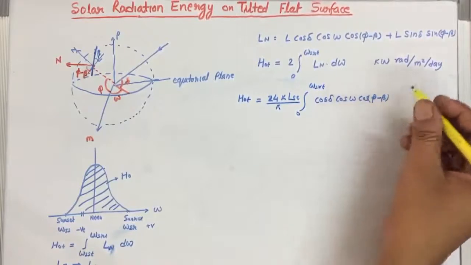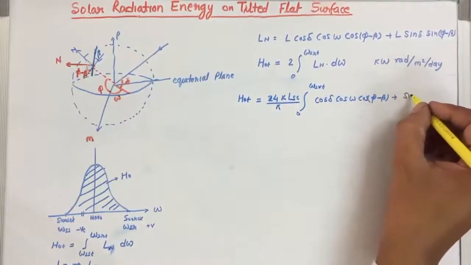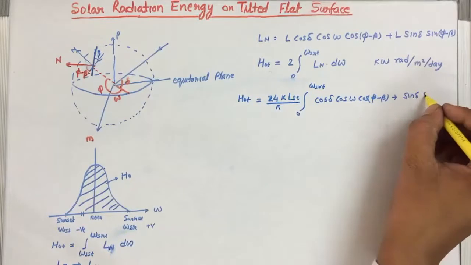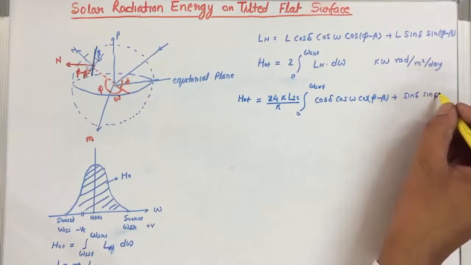The tilting is reflected here, plus sin delta and sin of phi minus beta.